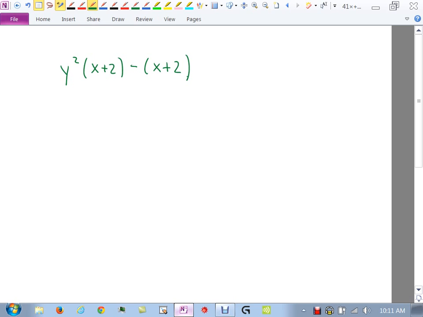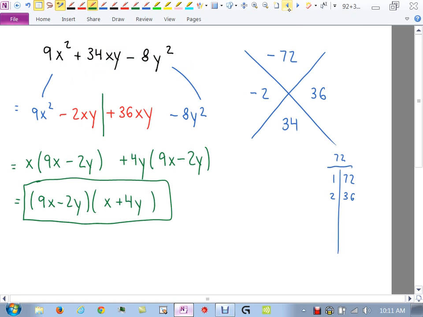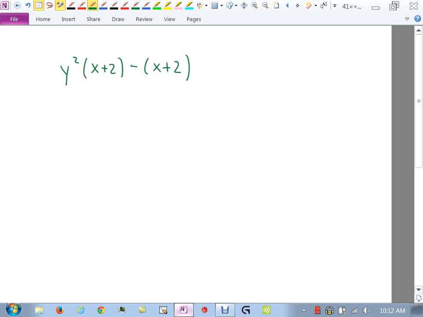This looks different than a lot of things I've put up here so far, doesn't it? Yeah, it looks kind of like an answer, doesn't it? Doesn't it look kind of like this problem right here in the grouping, like we have the same thing in parentheses, same thing in parentheses, and then we just pulled that thing out, right? That's exactly what this problem is.